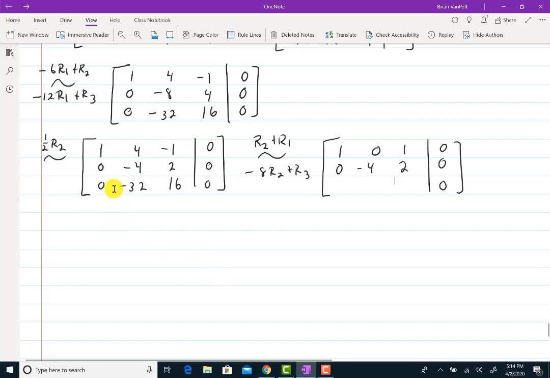And then when I do -8 times 4, I get positive 32, so that'll zero this out as desired. And then when I do -8 times, I'll get a 0 here as well. And then I think the last thing I'm going to do is divide the second row by -2. I probably could have done it before, but I wasn't thinking about it then.